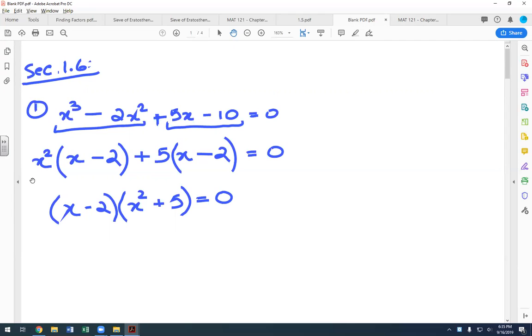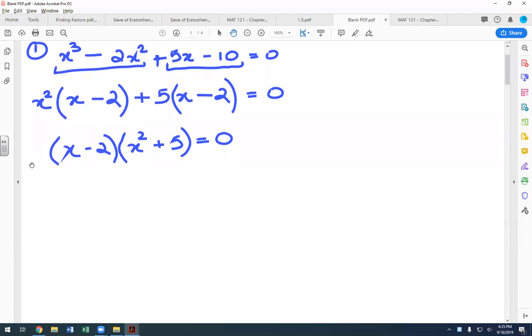So do you remember what we do with the zero factor property? What do we do, Amy? So you set each set of parentheses to 0. Yeah, so we'll take each one of these and set them equal to 0. So I've got x minus 2 equals 0, or x squared plus 5 equal to 0.